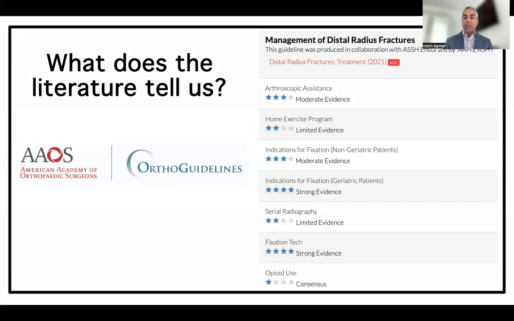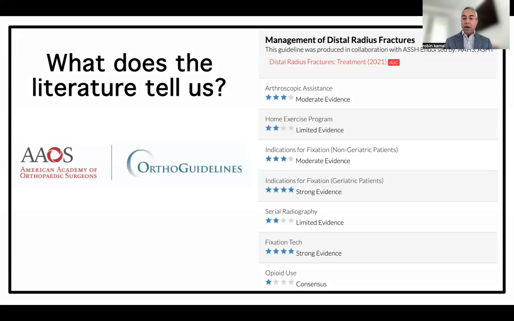In terms of home exercise programs versus formal physical therapy or hand therapy, there was limited evidence, at least, that home exercise programs work just as well as formal physical therapy or hand therapy. In terms of indications for fixation of fractures in non-geriatric patients, or those typically less than 65 years of age, there's moderate evidence for fixing these fractures in that age group.